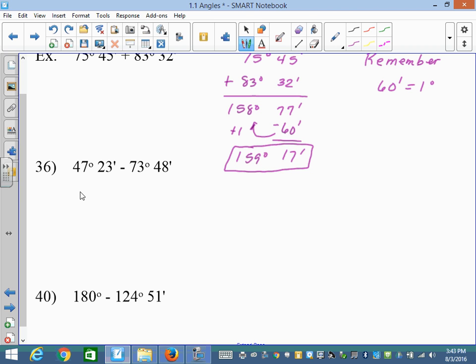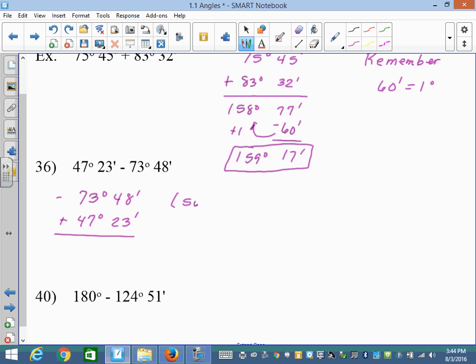So I'm just going to do the 73 degrees, 48 minutes. I'm going to go ahead and throw that negative sign on him. And then 47 degrees, 23 minutes. I changed the direction on these, which means this is really the negative number plus the positive number. And we do the same thing. So on this one here, since I have a minus sign, I know to subtract.